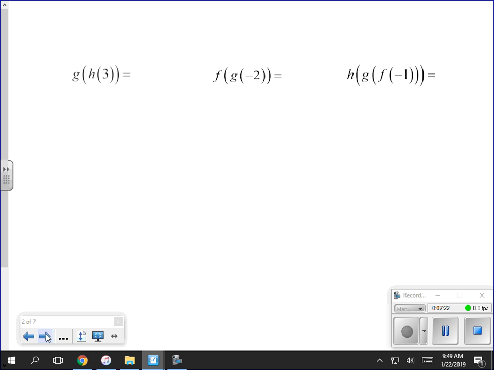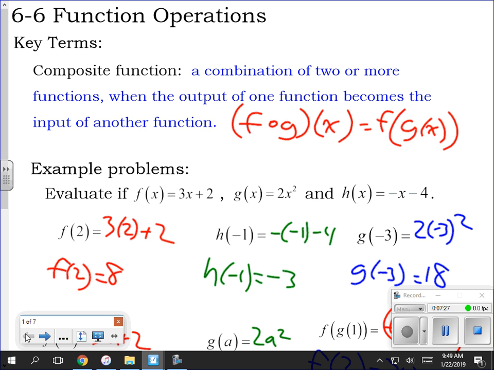Okay. I need to go back. Uno momento. And I need to write down what f, g, and h are. f of x is 3x plus 2, g of x is 2x squared, h of x is negative x minus 4.